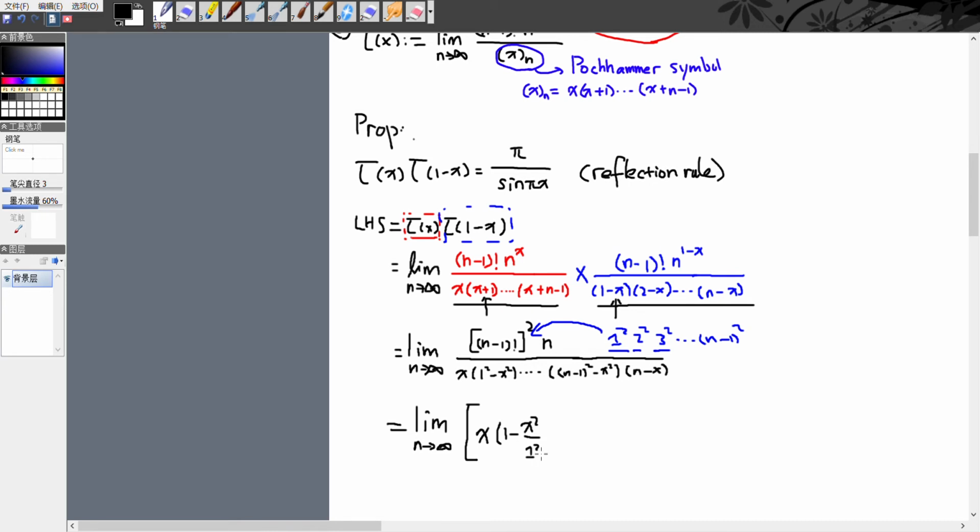I assume you see the reason why we do that. This times, sorry, it's not 2, it's still 1, (1 minus x squared over 2 squared), all the way to (1 minus x squared over (n minus 1) squared).